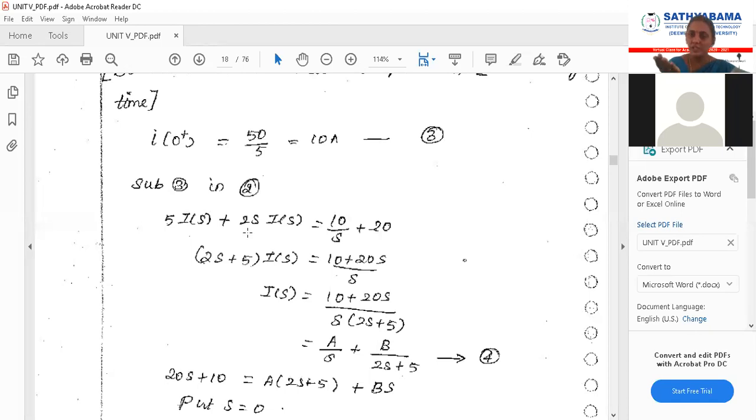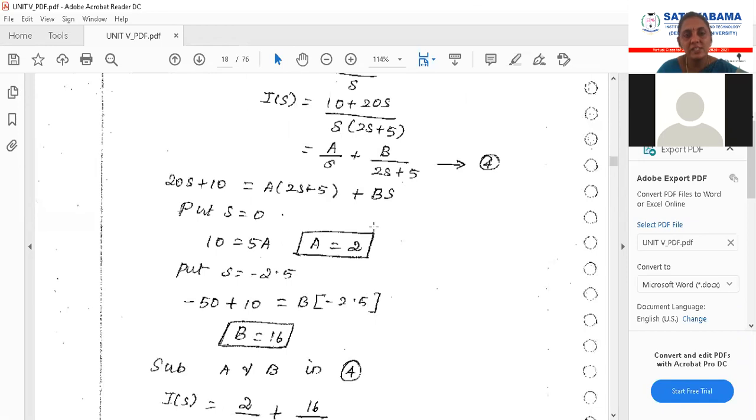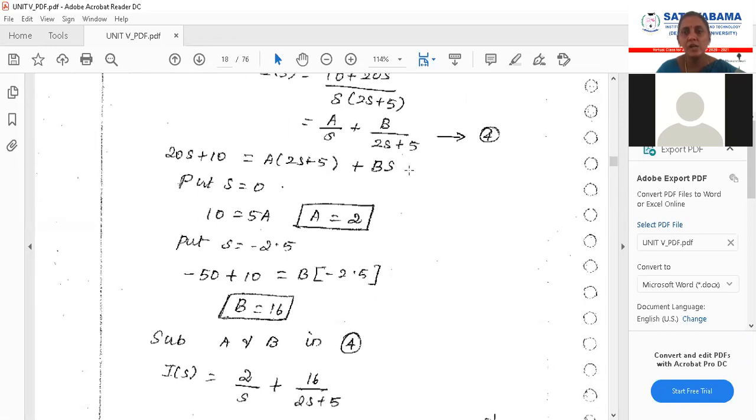After this, you have to again rearrange such that you have to solve for partial fraction. So find out the value for I of s. I of s is equal to 10 plus 20s by s into 2s plus 5. This can be written as a by s plus b by 2s plus 5. Solving by partial fractions, put different values for s and find out a and b.